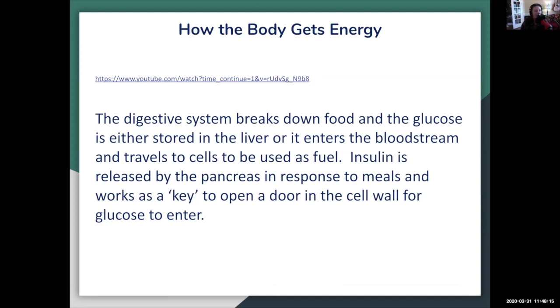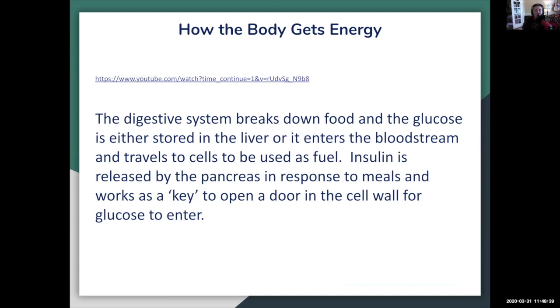And it ultimately gets broken down into its ultimate building blocks, okay? It gets broken down into glucose, into the lipids, the fats that we talked about, and into amino acids, proteins, and those kinds of things. And all of those things can enter the bloodstream and travel to the necessary cells to be used.